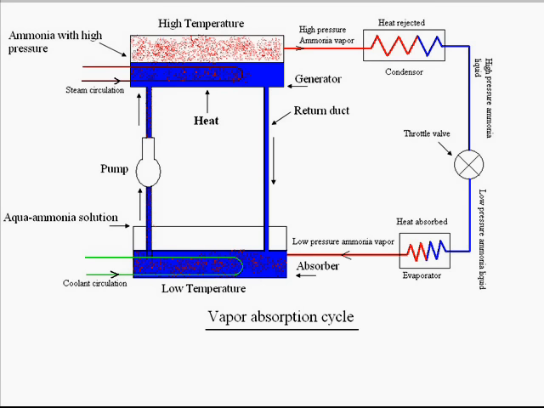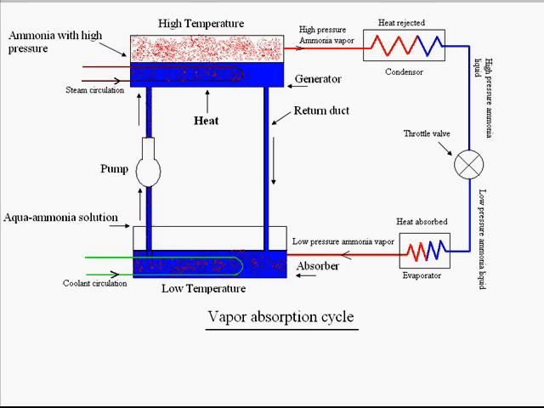So continuously the ammonia is coming from the evaporator and mixing in the absorber, and since in the absorber the temperature is less, the ammonia is being mixed with water forming a strong solution. It is pumped to the generator. In the generator the temperature is high, so the ammonia is again released with high pressure, and this high pressure ammonia is then sent to the condenser, then the throttle valve, and then the evaporator again.